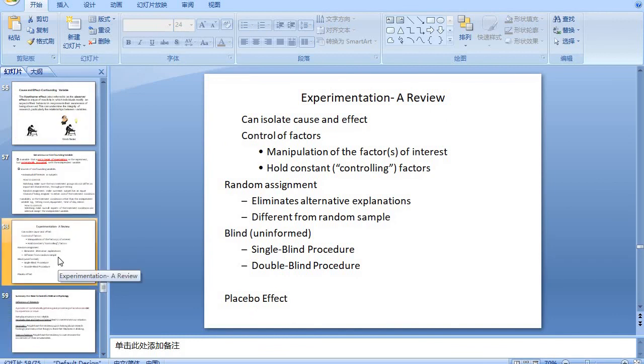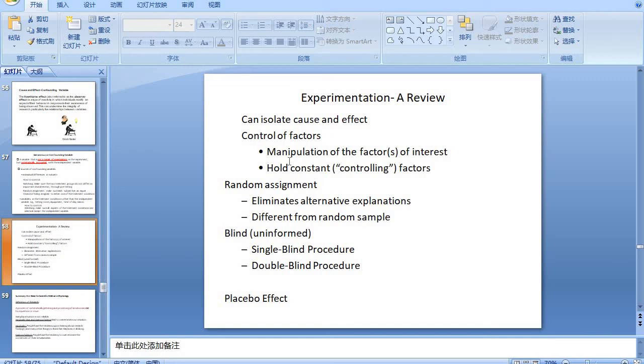Now then, let's look at a review of experimental research. Experiments can isolate cause and effect. You can isolate the cause of a particular effect by keeping everything else constant.